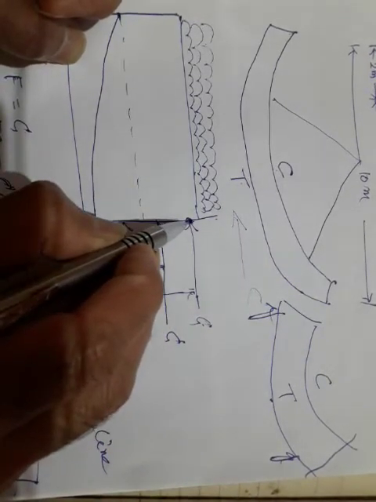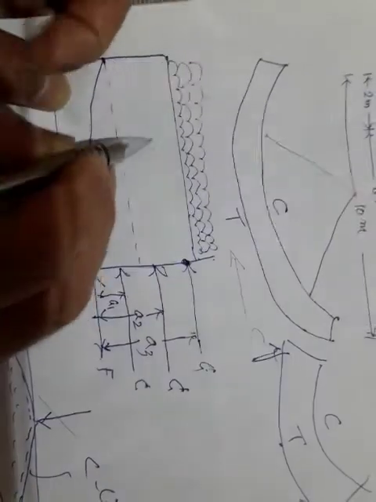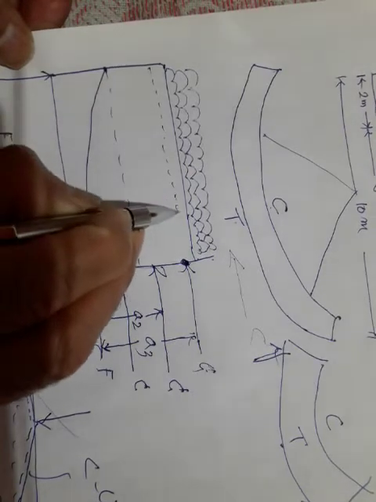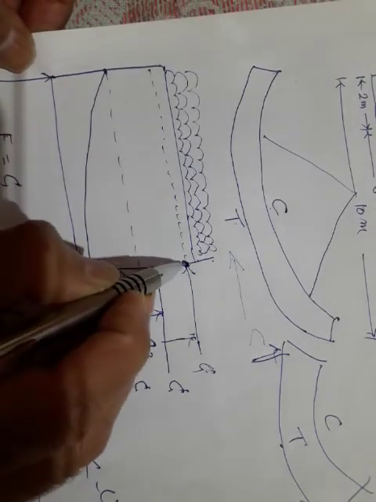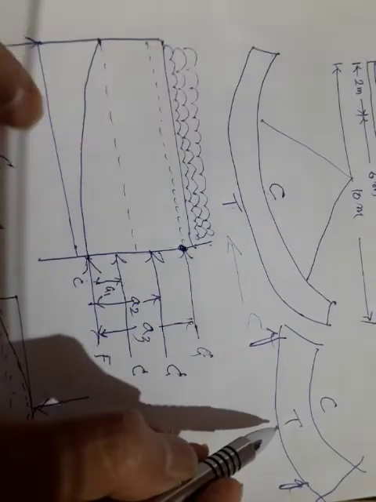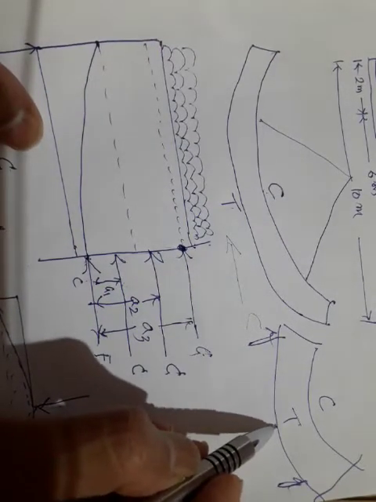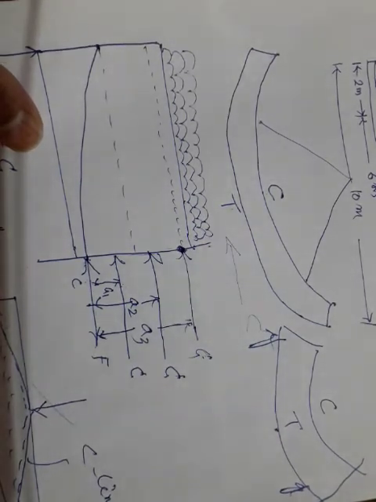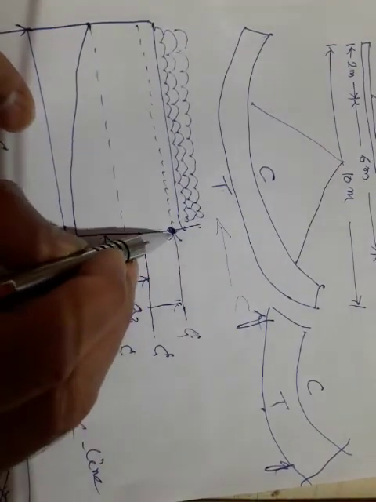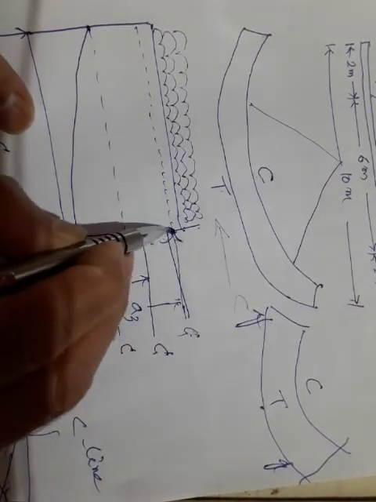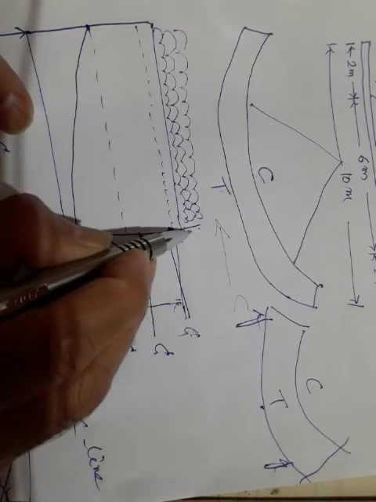If it acts beyond this point, I will mark here a line, the allowable tensile stress in concrete may be exceeded, so it may crack. So I should not allow this C force to act beyond this point.